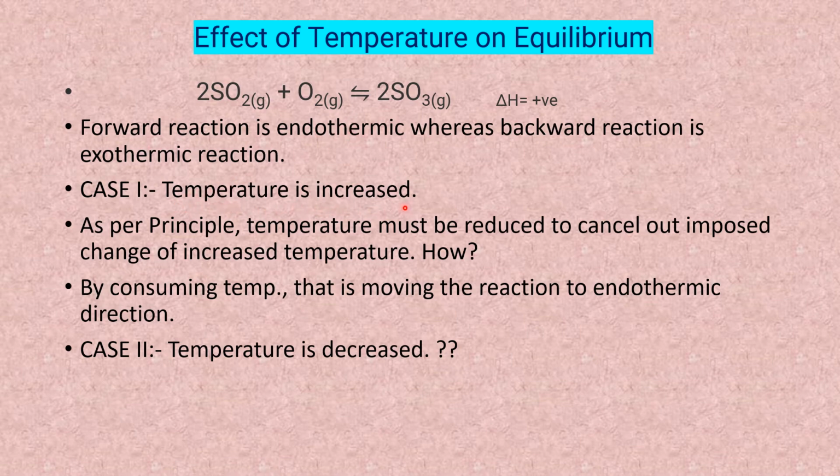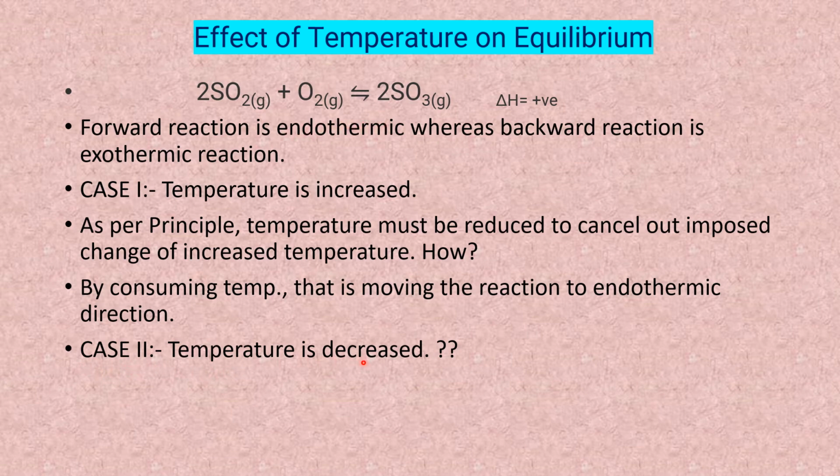When temperature is increased, the equilibrium will shift to decrease the increased temperature. And how the temperature can be decreased? If the increased temperature can be utilized during the course of reaction. That is, the reaction will move towards the endothermic direction. That is, the reaction will move in the forward direction.